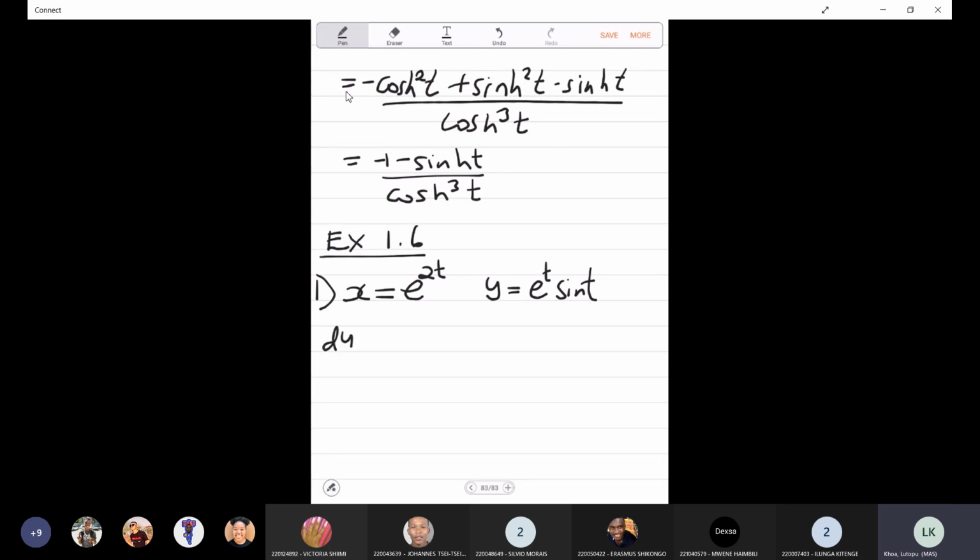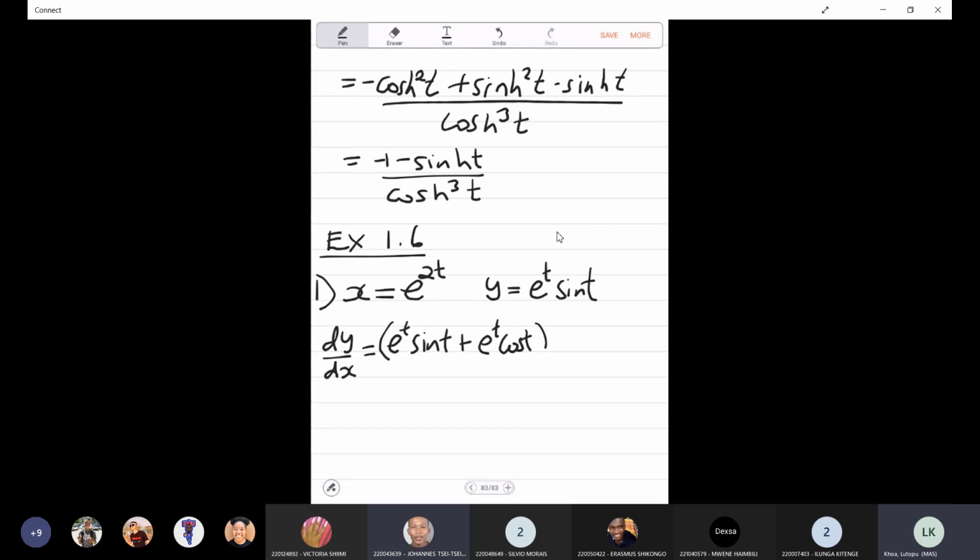So dy/dx, we said differentiate y with respect to t and then divide by the derivative of x with respect to t. So the first one, this is e to the t sine t plus e to the t cos t.